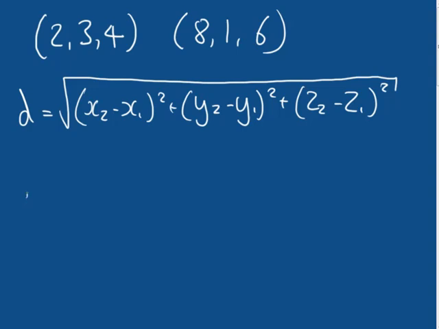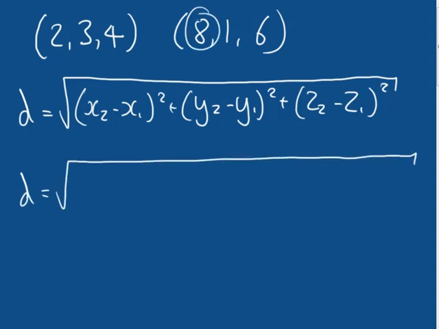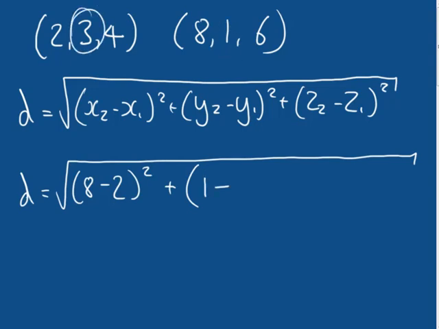So that means that d is equal to the square root of x2, which is 8, minus x1, which is 2, squared, plus y2, which is 1, minus y1, which is 3, squared, plus z2, which is 6, minus z1, which is 4, squared.